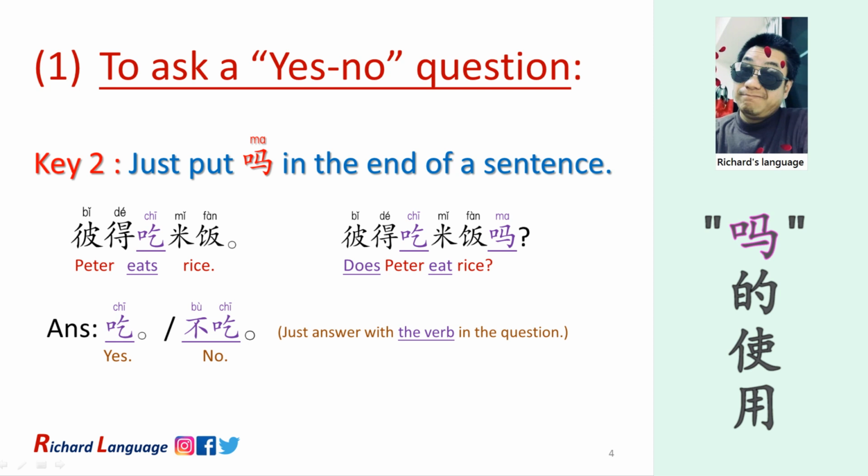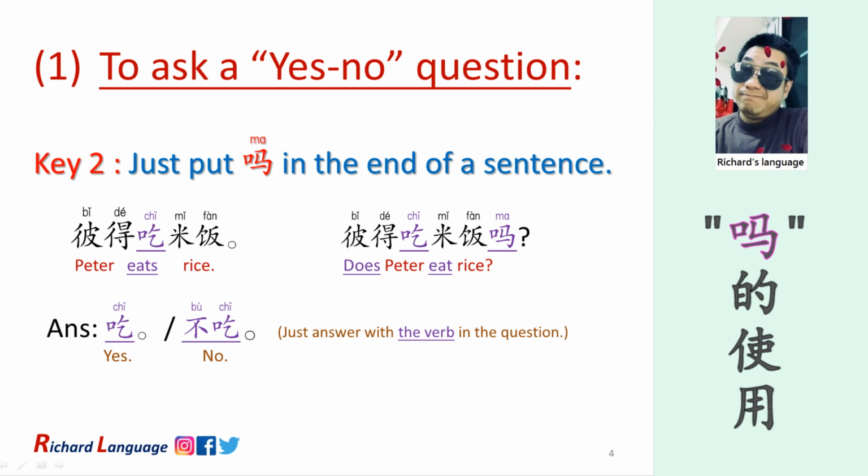And then, how do we answer it? Yes, quickly we find the verb in the question. Where is it? Very good. 吃, eat, is the verb. So if you want to answer yes, then you say 吃.